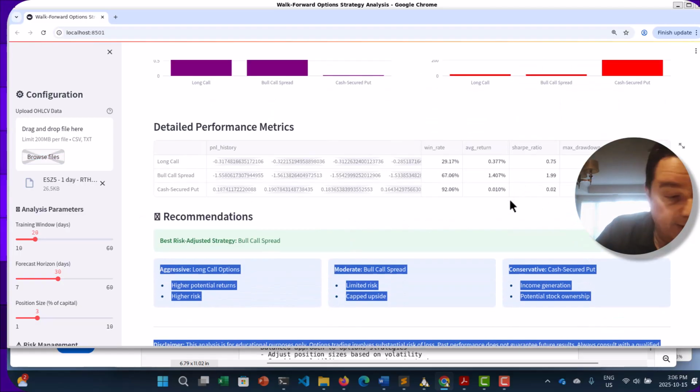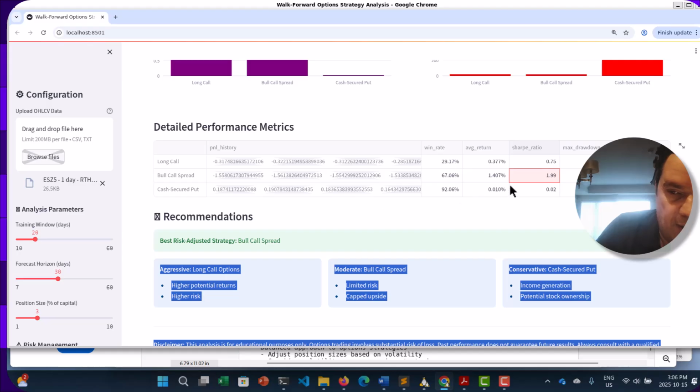And this is all backtested on real market data over the last, whatever that period was, 2 years worth of data. So you can choose which one you think might be worthwhile. You get a 92% win ratio, but the ratio right here on the Sharpe is almost at 1.99. And here you can see the maximum drawdown for this one.